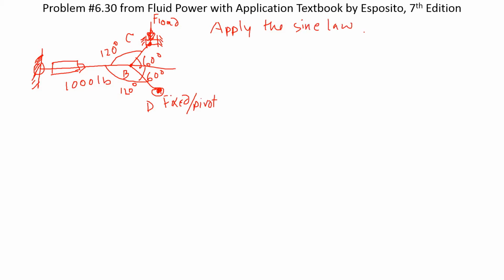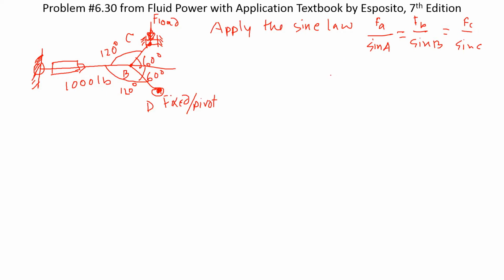The force in a particular arm divided by the sine of the opposite angle are proportional. So the B arm force, the C arm force, and the sine of C, they are proportional.